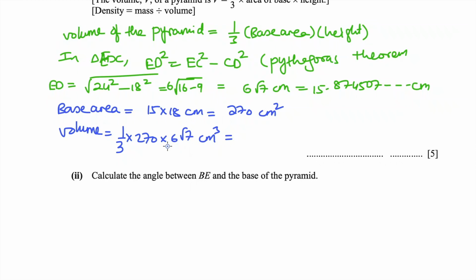So 1 by 3 into 270 into 6 root 7, its value would be equal to 1428.70570 and so on. Okay, so now I have calculated the volume.